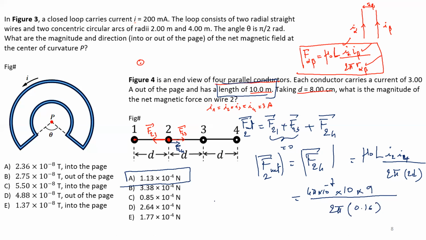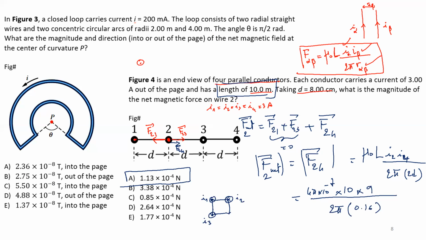Now, as we said in class, and I gave you this example in class, let me put them in a square. So here I have I1 pointing outward. Here I have I2 pointing inward. Here I have I3 pointing outward.